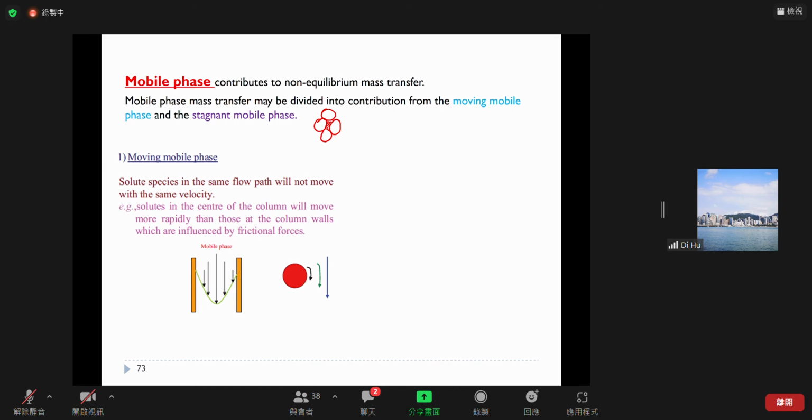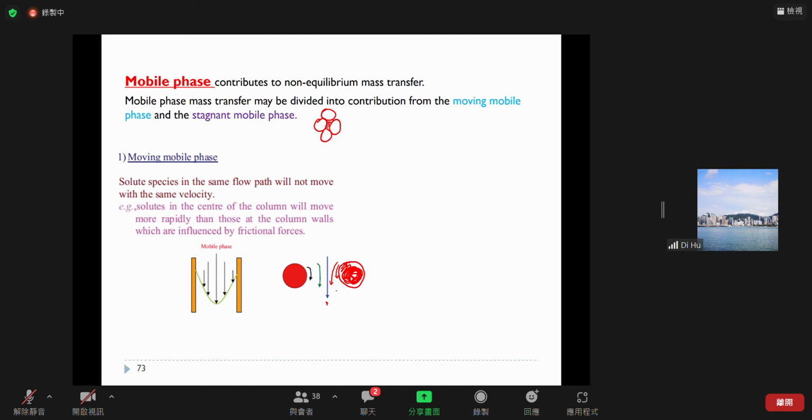When it's flowing through, the analytes are in the same flow path, but they may not move at the same speed. Here I will draw another particle. For those in the middle, there is the least resistance, so they move much more rapidly than those by the edge of the particle.